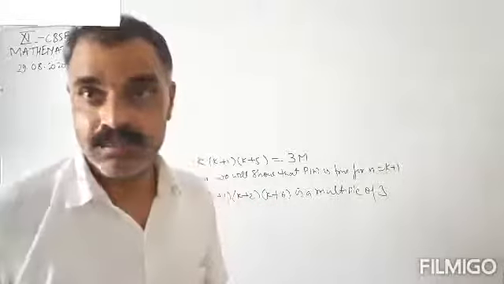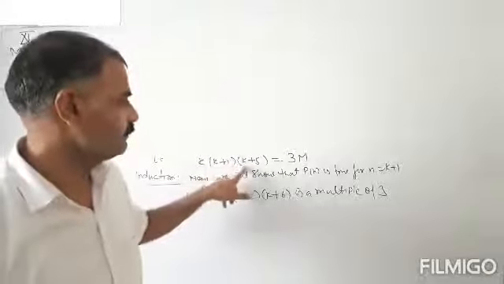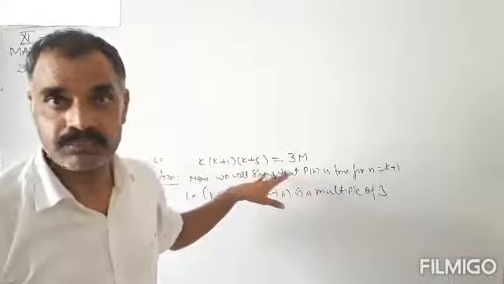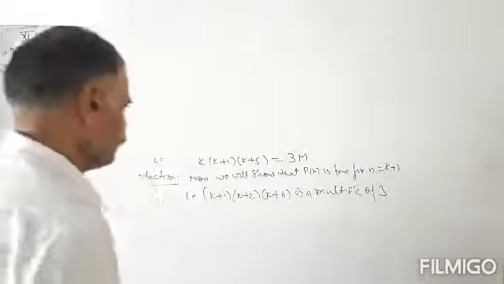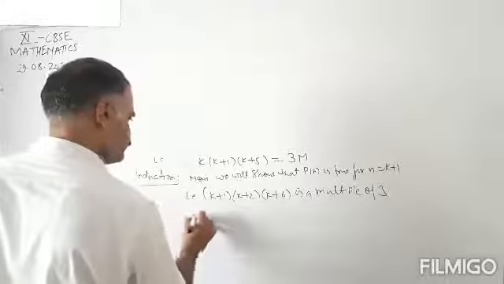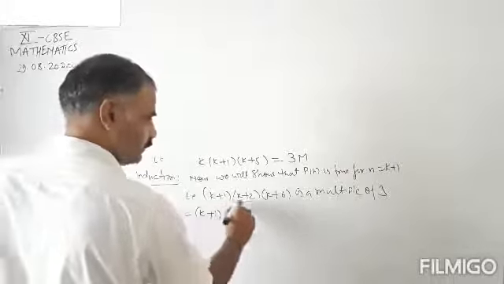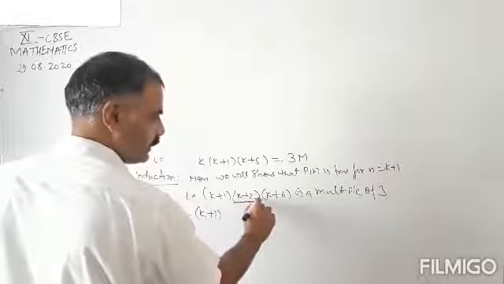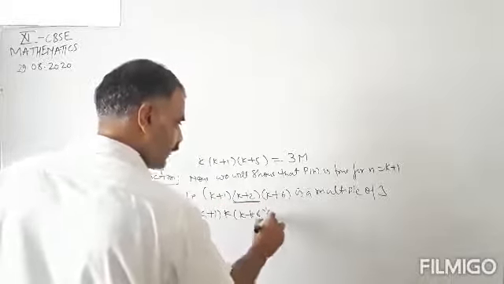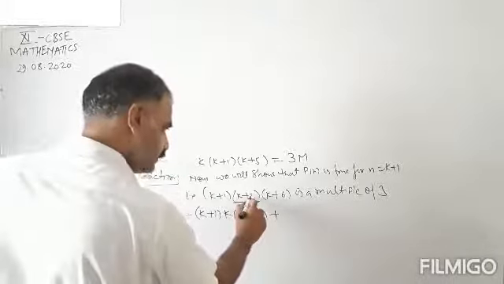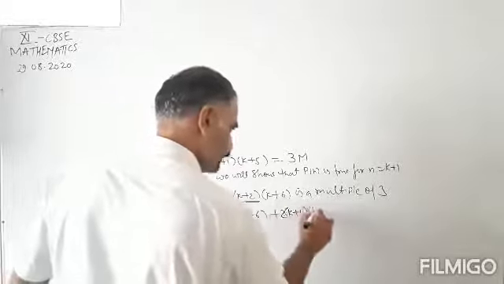After splitting two or three terms, we have to obtain this term, so that we can use k(k plus 1)(k plus 5) equals 3m. So this is equal to k multiplied by (k plus 1), and split this term. First of all, split this term k plus 1 into k plus 6 plus, 2 multiply (k plus 1) multiply (k plus 6).